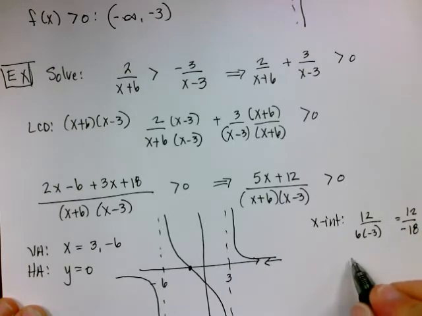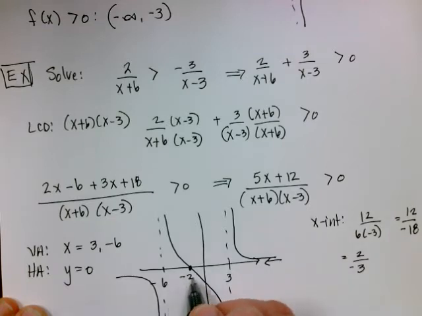Both are divisible by 6, so it's going to be 2 over negative 3. So this is going to be negative 2/3, okay? And that's where it crosses. Alrighty? I'm just checking my work to see if I made any mistakes. I have no idea. I think I was an airhead in my notes.